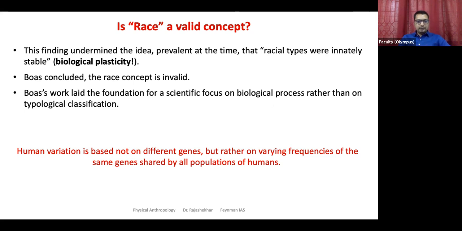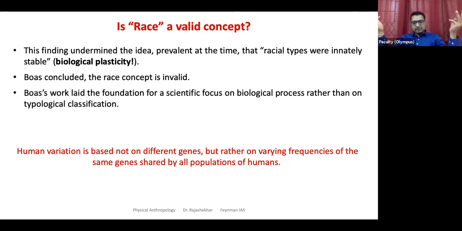And also we notice that the human variation that we see among these races is not based on different genes. If we have, let's say, dark people versus fair people, then there must be dark genes, fair genes, or genes coding for these different characteristics. They should have different genes.